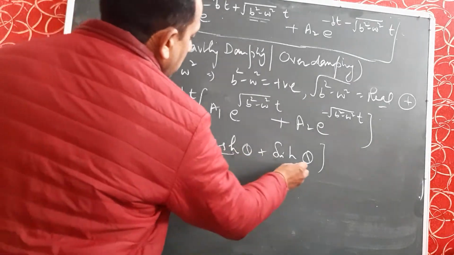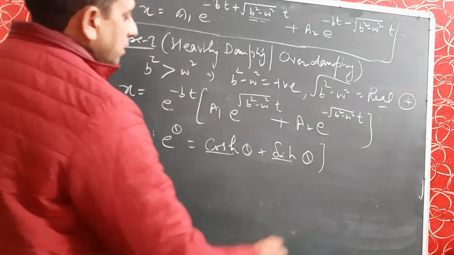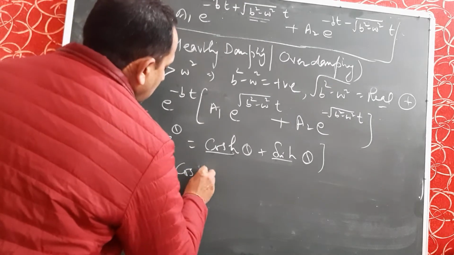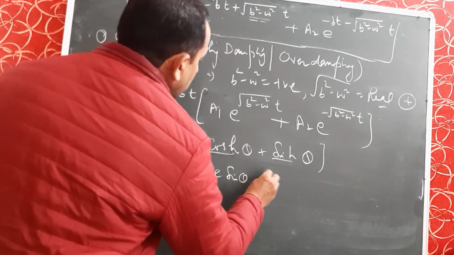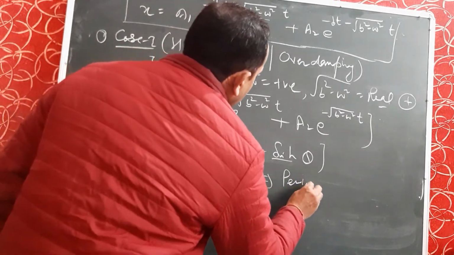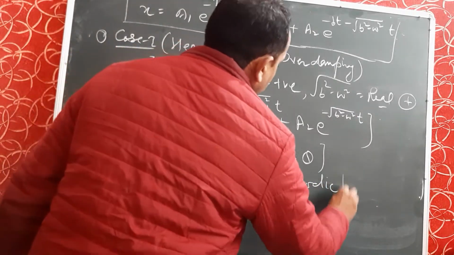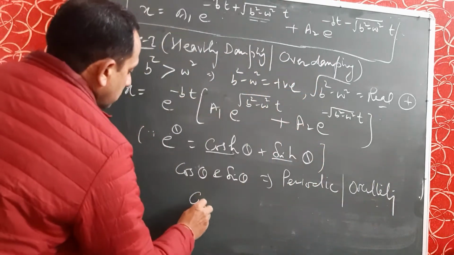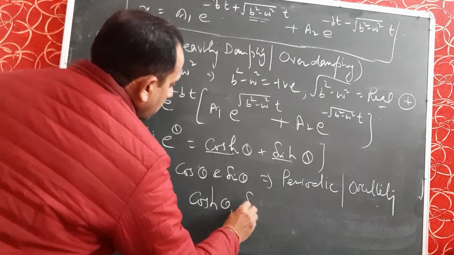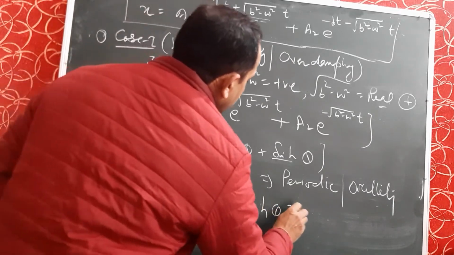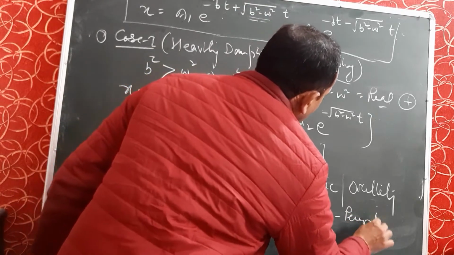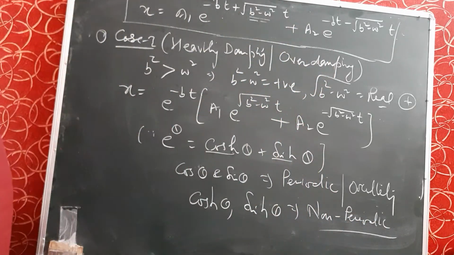What is the difference between cos and sin and cos h and sin h? Cos theta and sin theta are periodic or oscillatory functions, but cos hyperbolic theta and sin hyperbolic theta are non-periodic or non-oscillatory functions.